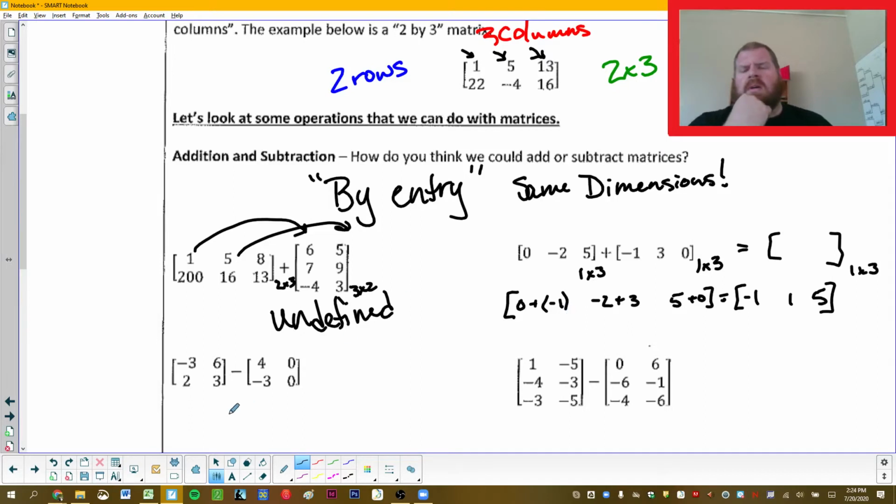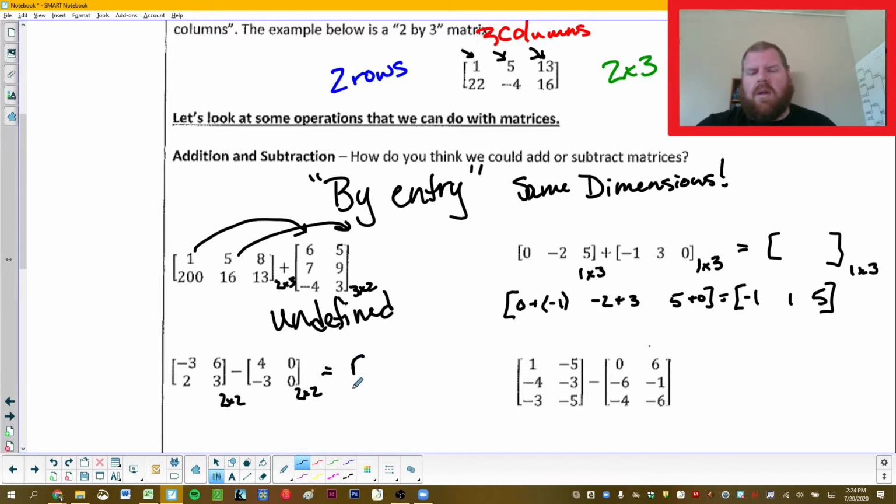Same idea down here, subtraction. It's really the same as addition. We have a 2 by 2 and a 2 by 2. Since they match, they will add or subtract. And that subtraction in this case will give us a 2 by 2 matrix.